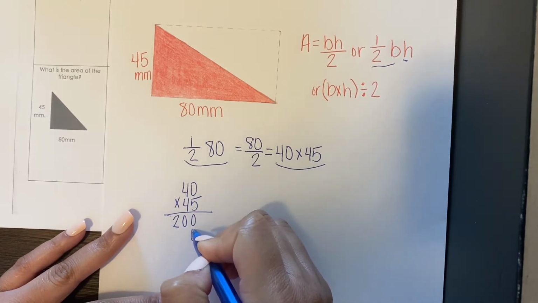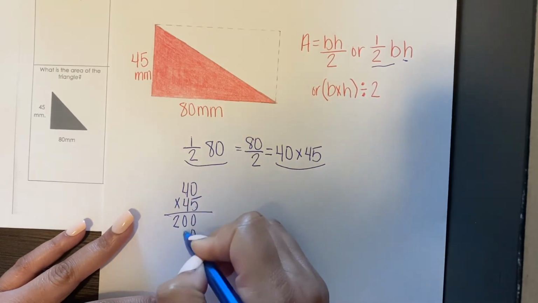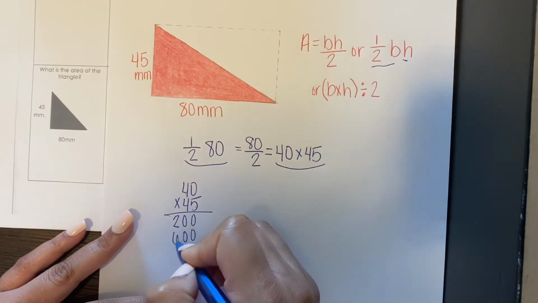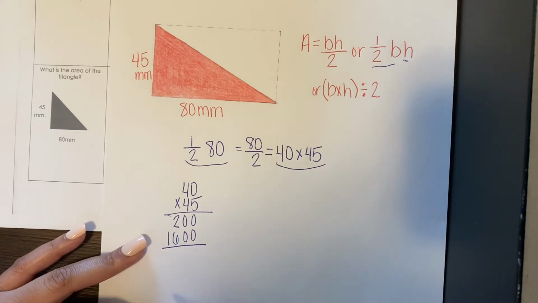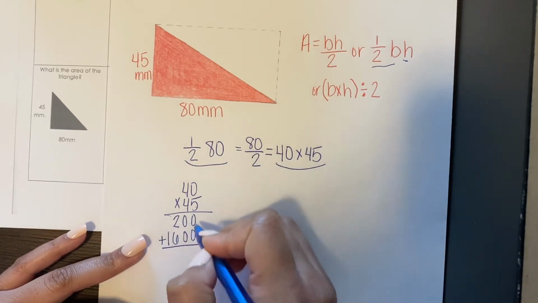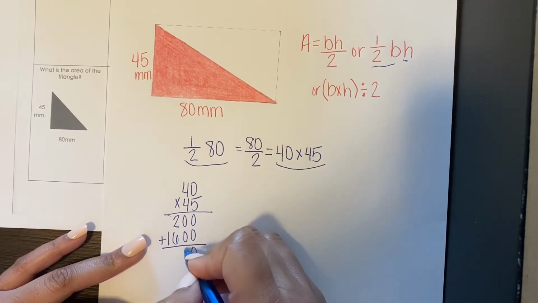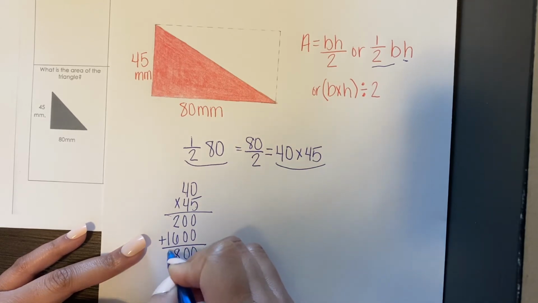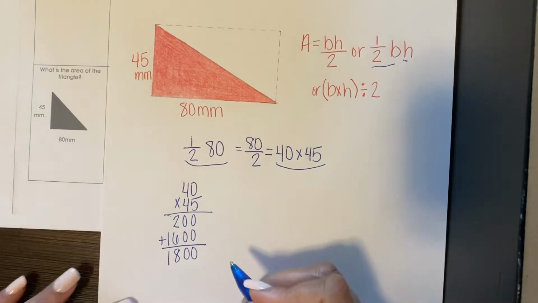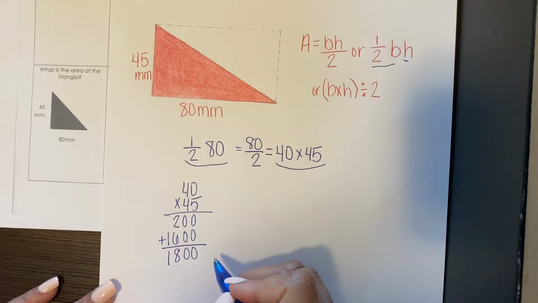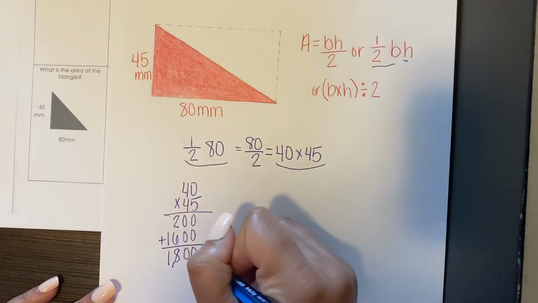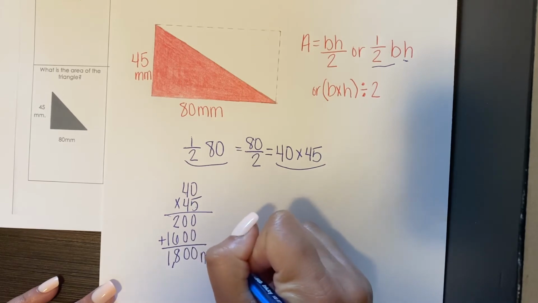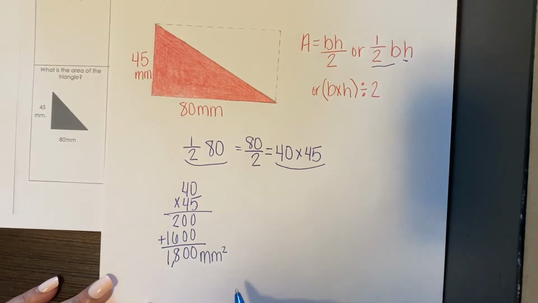Put your 0 to hold the place. 4 times 0, and then 4 times 4. Okay, I'm going to add my partial products together. I have 0, 0, 8, 1. So the area of this triangle is 1,800 millimeters squared, or square millimeters.